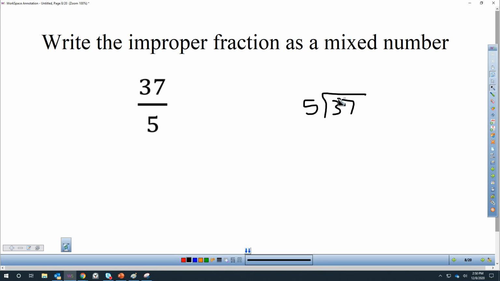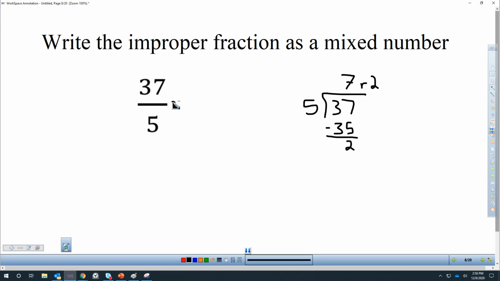So how many times does 5 go into 37? Well, 5 goes into 37 7 times with a remainder of 2. Okay, now if you don't remember how to get that, 5 times 7 is 35, and that leaves us with 2 left over, so that's our remainder.